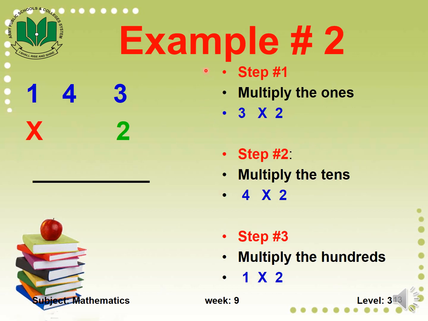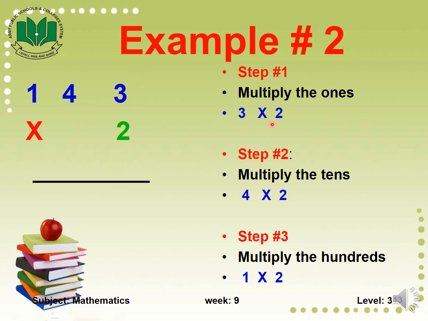Example number 2. This is 3 at 1's place, this is 4 at 10's place, and this is 1 at 100's place. So it is 143 on the top. We have to multiply it with this number 2. And for this, we will follow these steps. The step number 1 is multiply the ones. So first we will multiply this 3 at 1's place with this number 2.